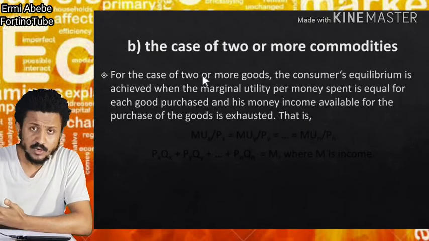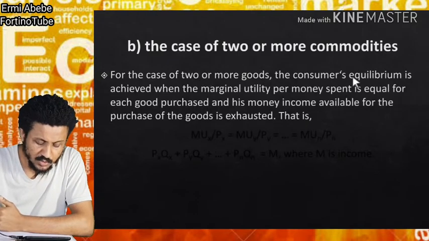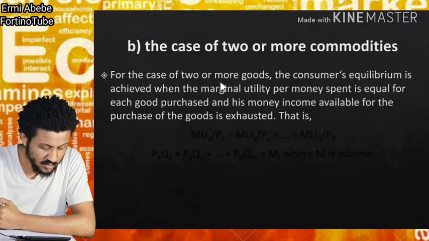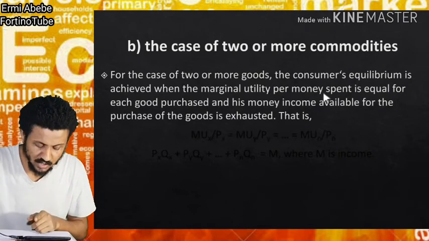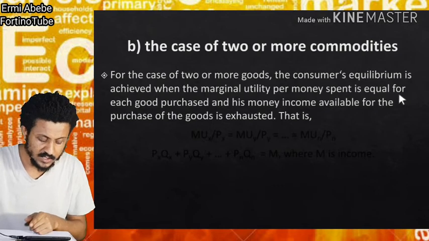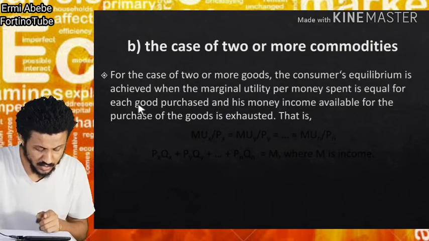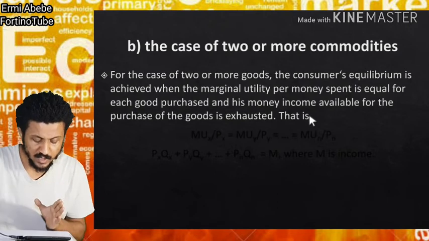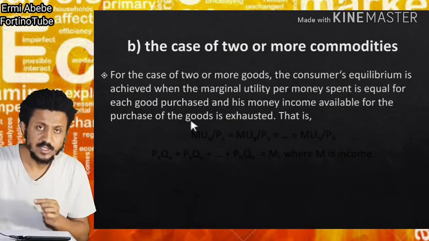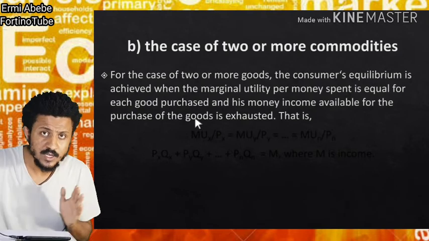So for the case of 2 or more goods, the consumer's equilibrium is achieved when the marginal utility divided by the price of that commodity is equal for each good purchased, and his money income available for the purchase of the goods is exhausted or fully utilized.